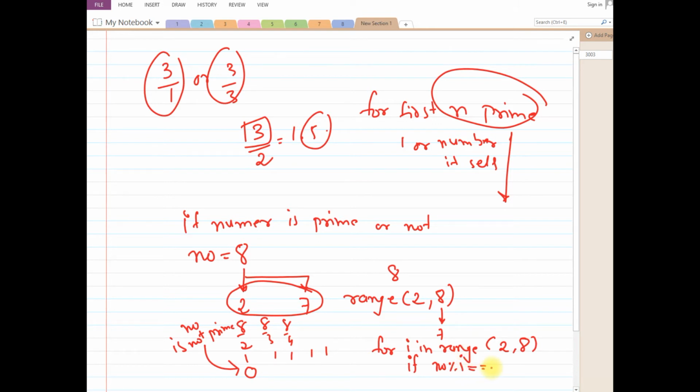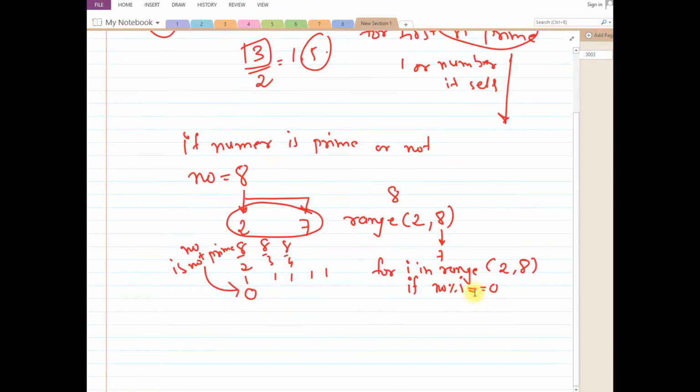If this is 0, that means the number is not prime. If this condition is correct, that means the number is not prime. So if you enter here, that means the number is not prime.